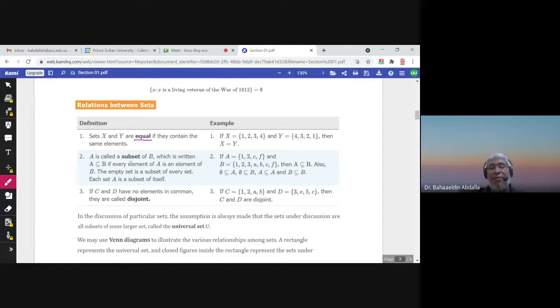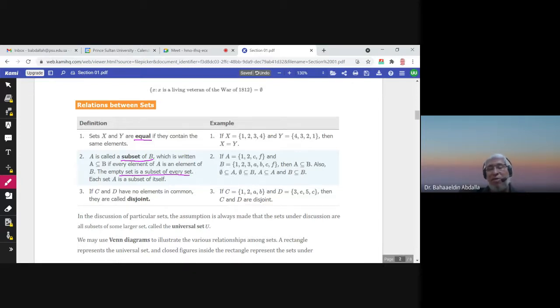A is a subset of B, which we write like this, if every element of A is an element of B. So all the elements of A are elements of B. Then we say that A is a subset of B. The empty set is a subset of every set, because phi has no elements.